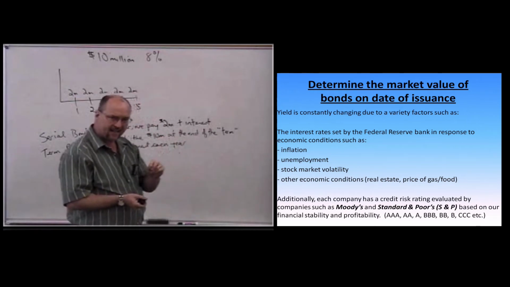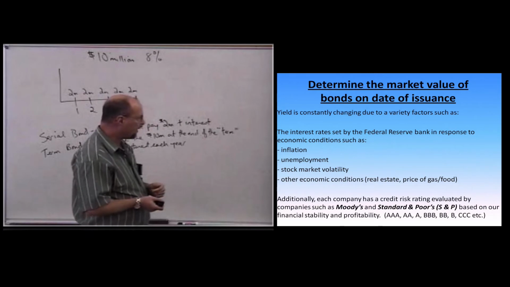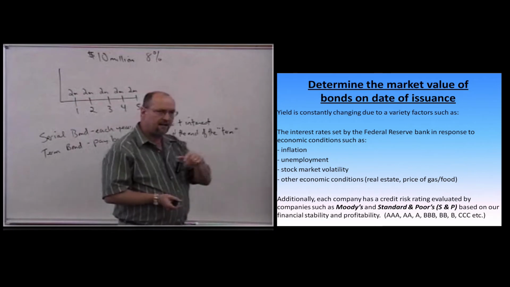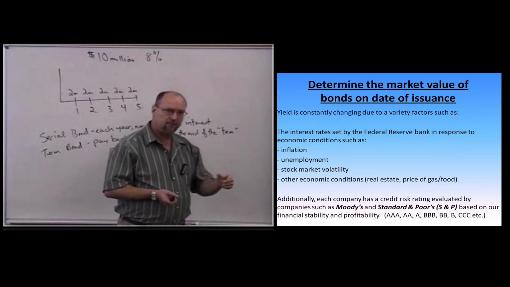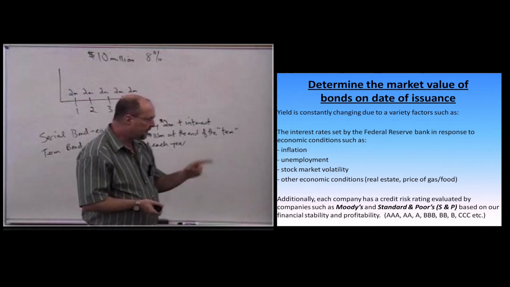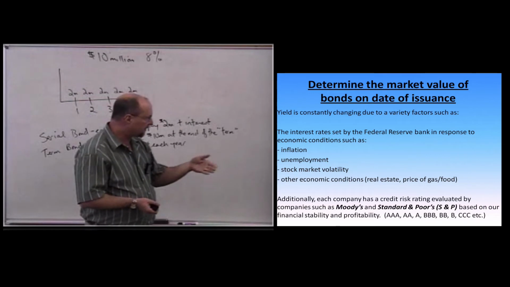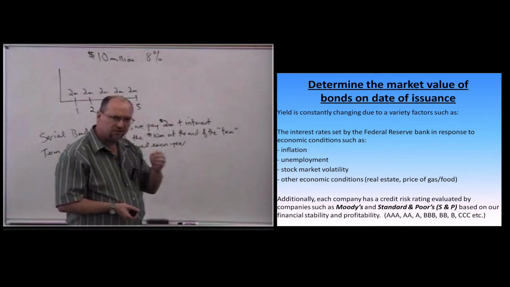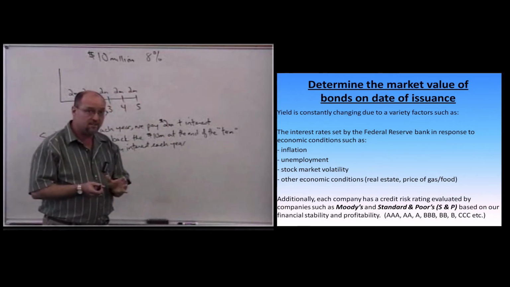The other factor that affects a particular company's interest rate is what we call their credit risk rating. And companies, the most popular ones are Moody's and Standard & Poor's, will evaluate the financial strength of a company, and they'll assign a credit risk rating. Generally speaking, AAA is the strongest rating, okay, then AA, single A, triple B. Once you get down to single B, triple C, you're starting to head into what we call the junk bond category, where these are high-risk bonds.